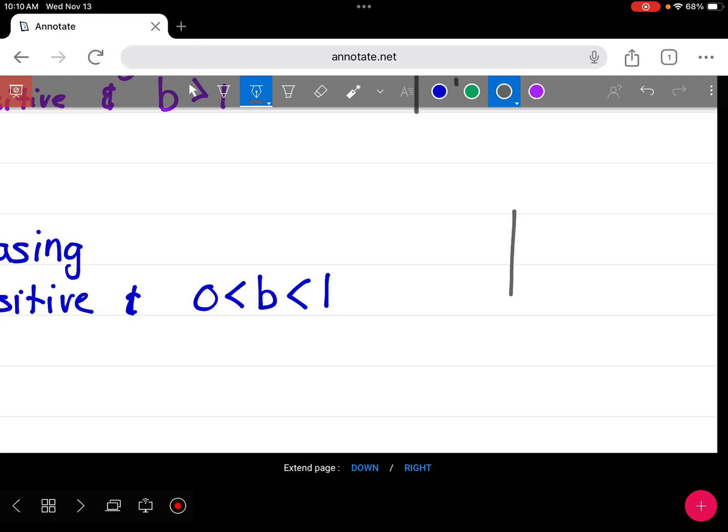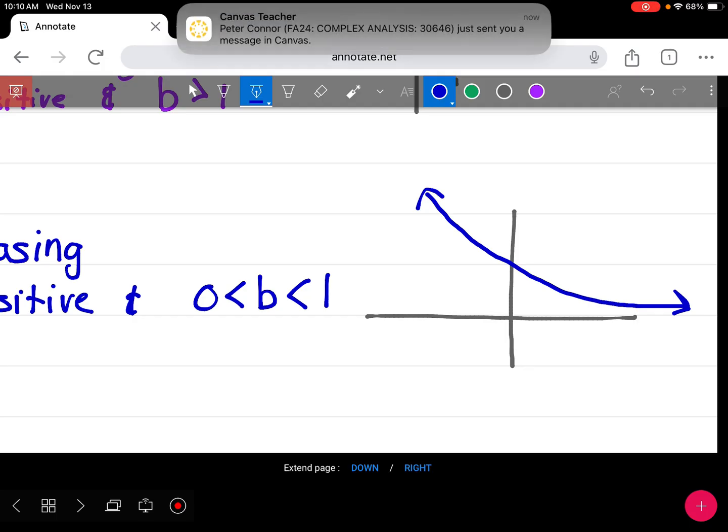What that would look like on a graph, just giving us another little basic sketch, is that it would be falling like this. And it may be steeper, it may be shallower, but it's just falling. It's always decreasing.